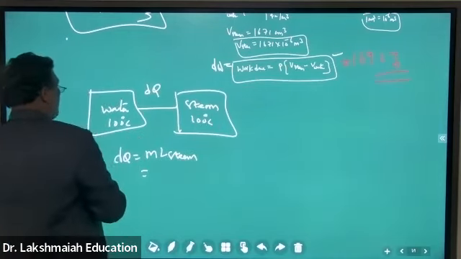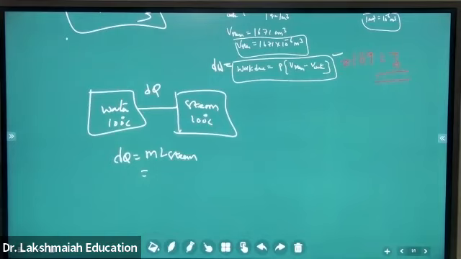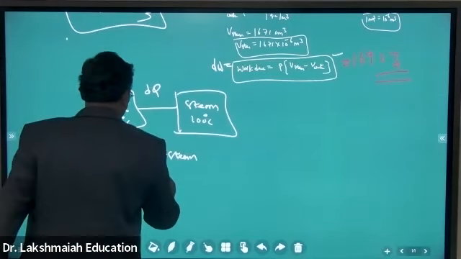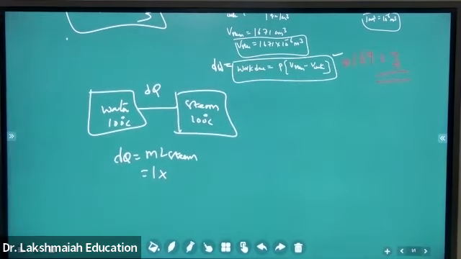m L steam. What is m? The mass they have given, 1 gram. So 1 into, what is the latent heat of steam? That is 540, correct?